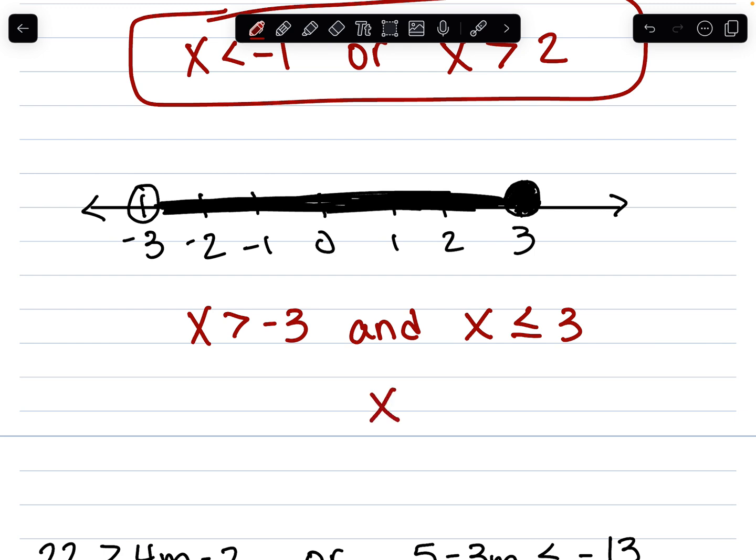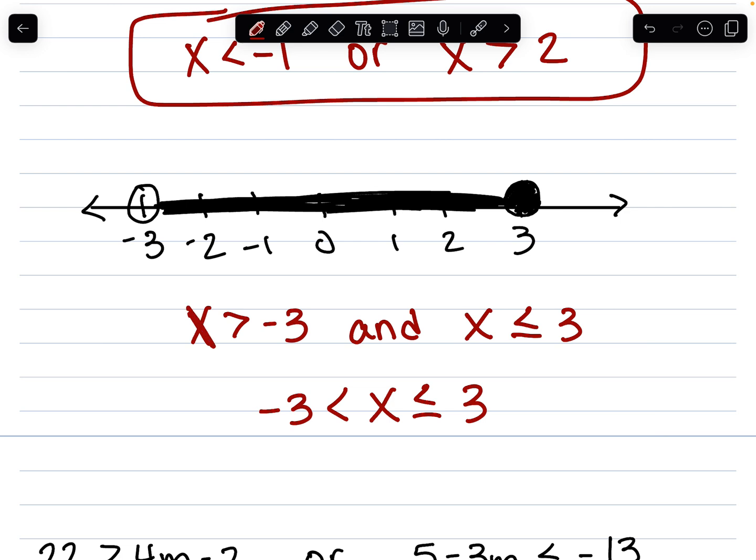On this one, the mouth is open to X, so I'm going to leave the mouth open to X and put negative 3 on this side. Here, I can bring this exactly down how I see it. X is less than or equal to 3.